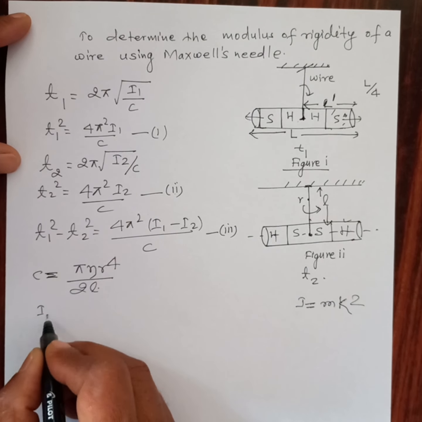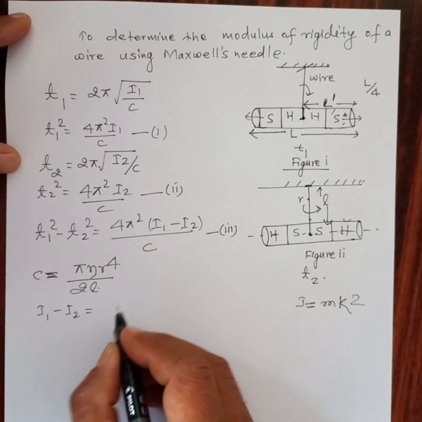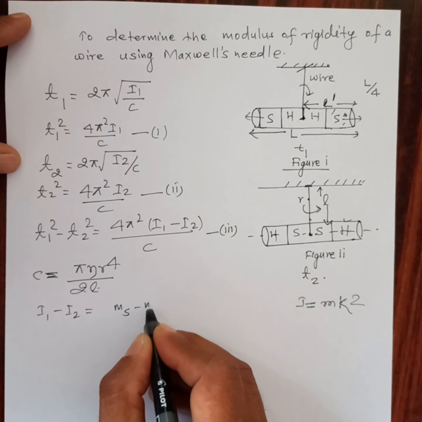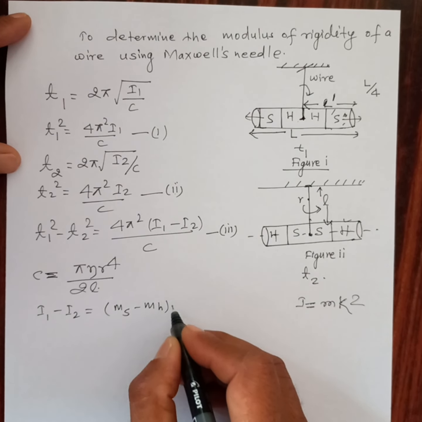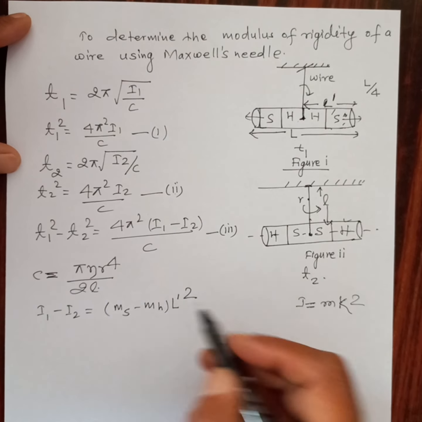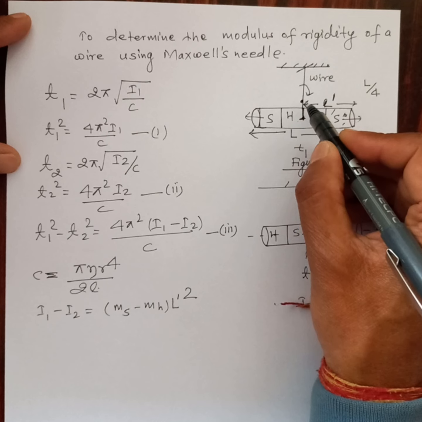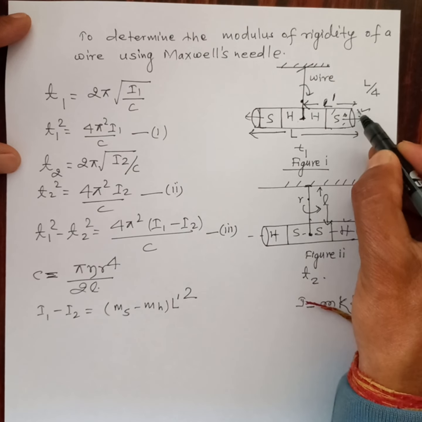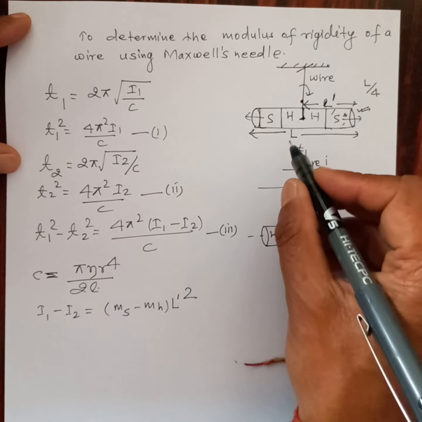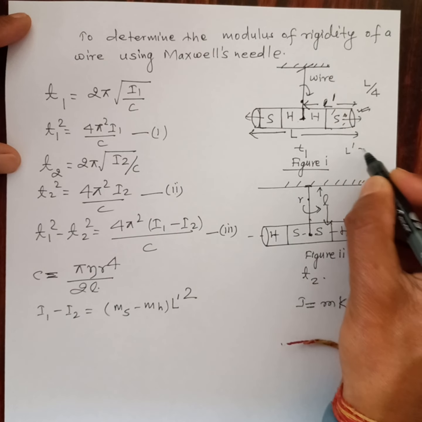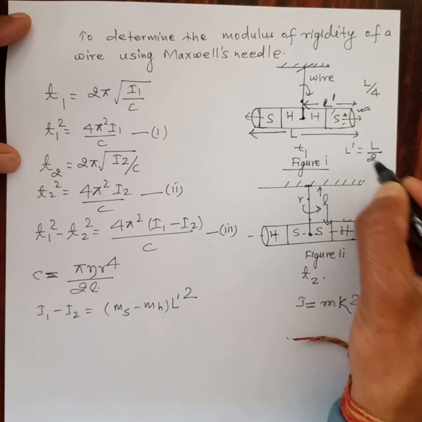Likewise, the moment of inertia I1 minus I2 can be written as the mass of the solid cylinder minus the mass of the hollow cylinder times L dash square. Here L dash is the distance from the axis of rotation, that is from the wire to the extreme end. Actually this L dash is L by 2, 50 percent of this one.